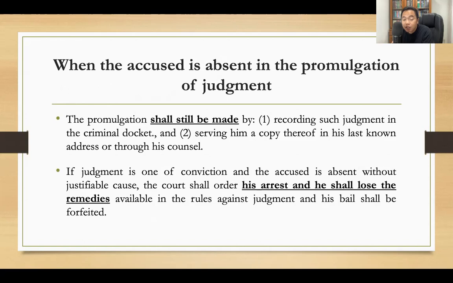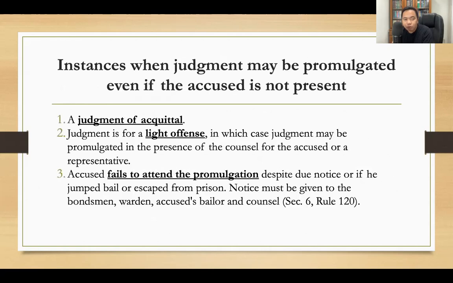So these are the consequences of the unjustifiable absence of the accused during promulgation. He will be ordered arrested, he shall lose the remedies available under the rules, and his bail forfeited. So there are instances where the judgment may be promulgated even if the accused is not present.